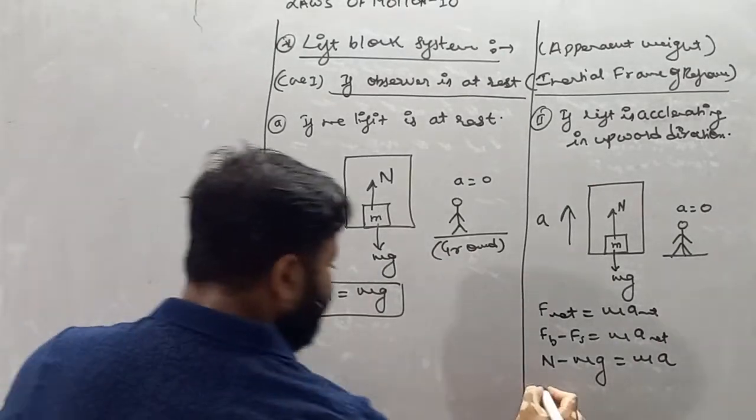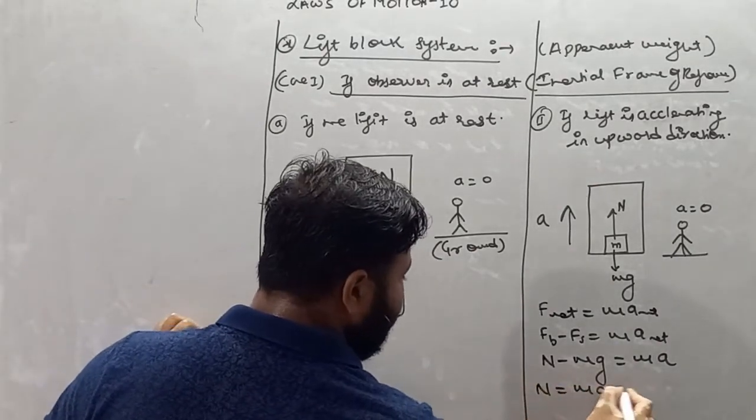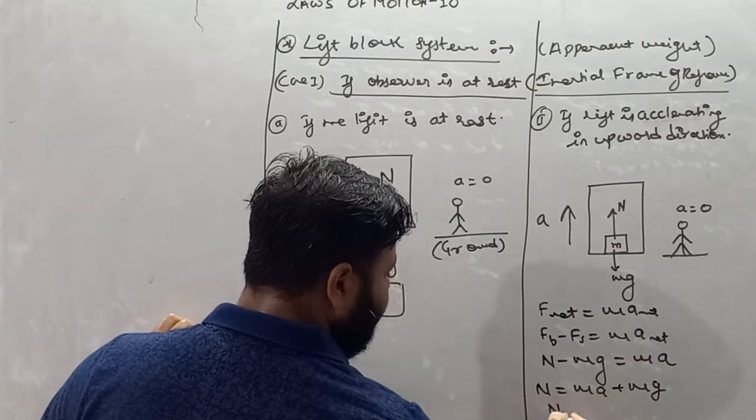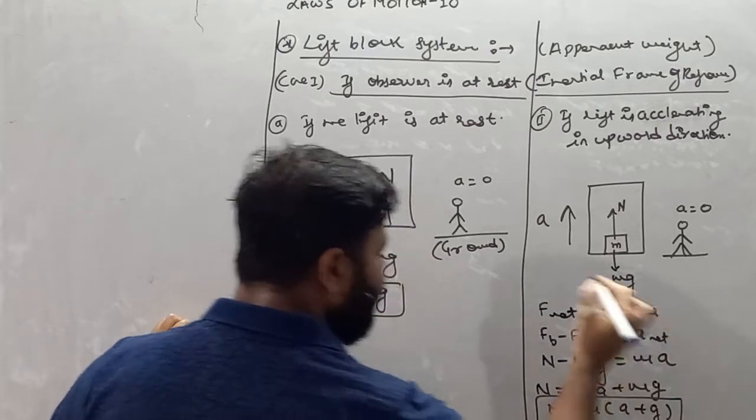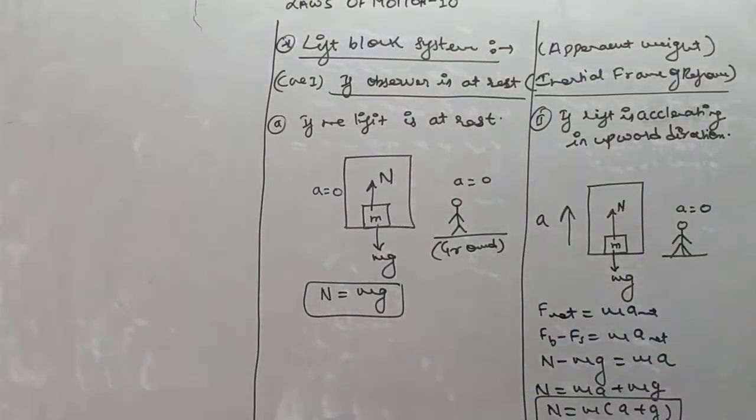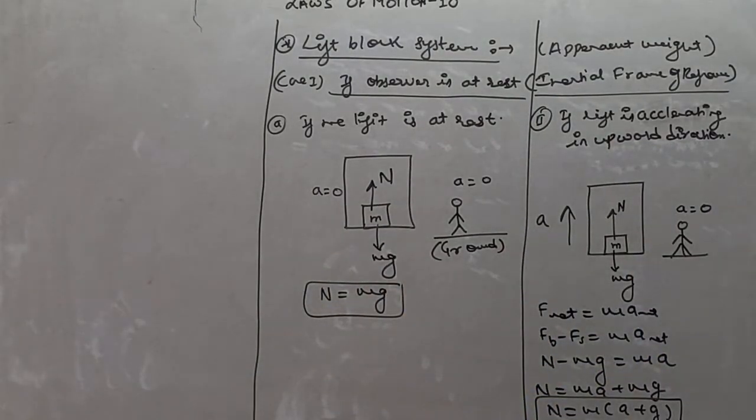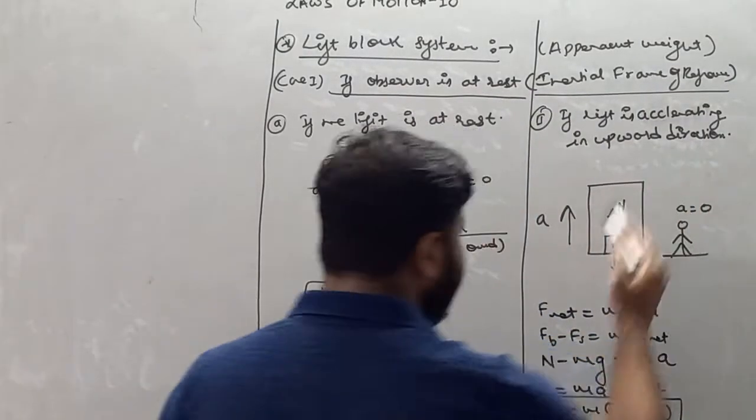So normal equals ma plus mg, that is normal equals m common, a plus g. This is the value of the normal reaction force if the lift is moving in the upward direction.